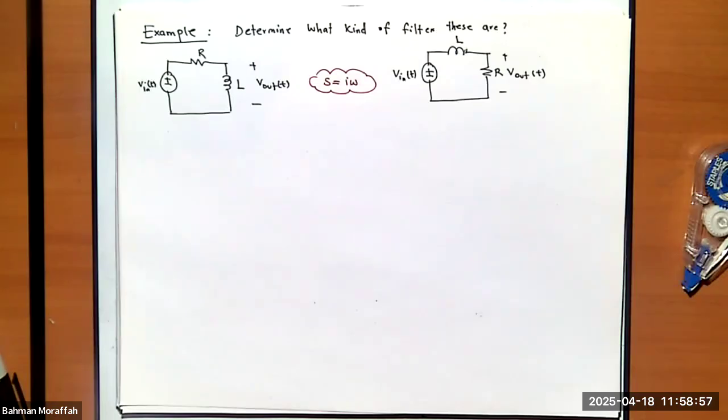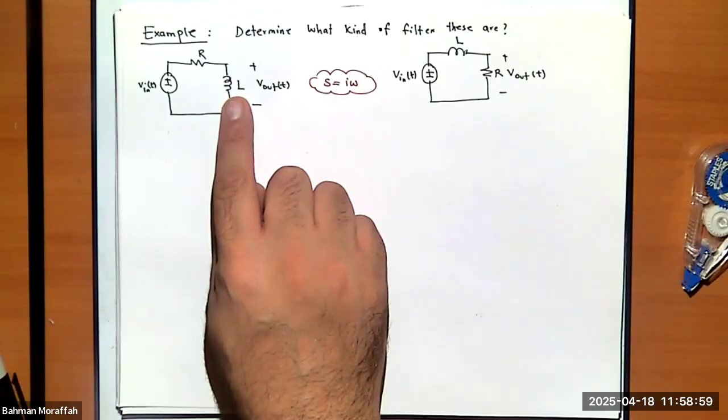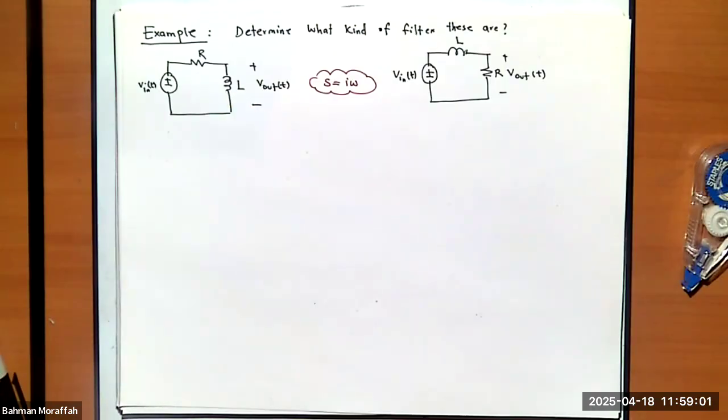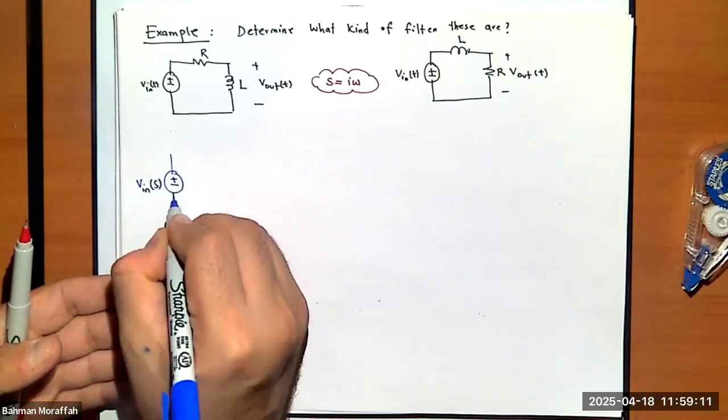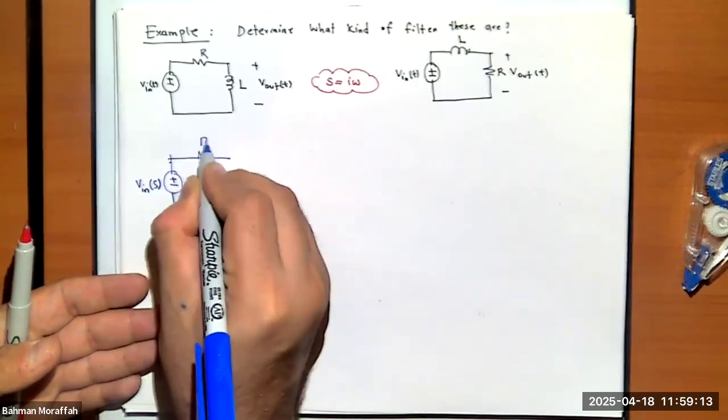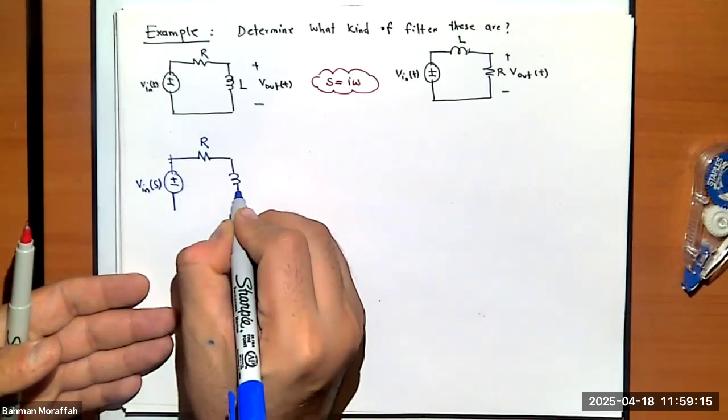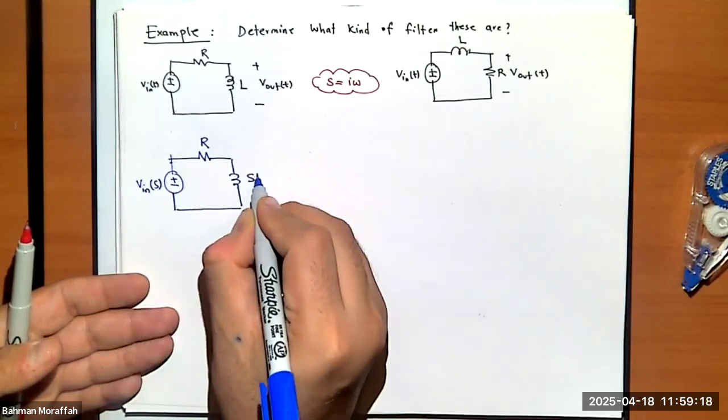If I have an inductor in the frequency domain, my inductor becomes I omega L. So I write it as SL. So the circuit becomes V input of S. Resistance does not change. Inductor becomes SL.